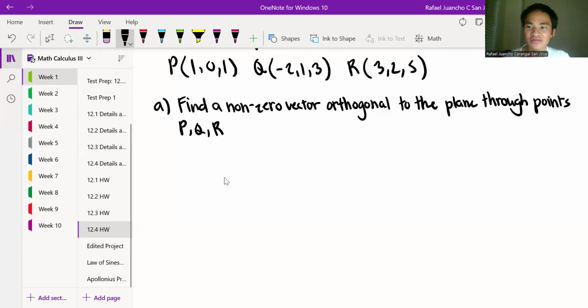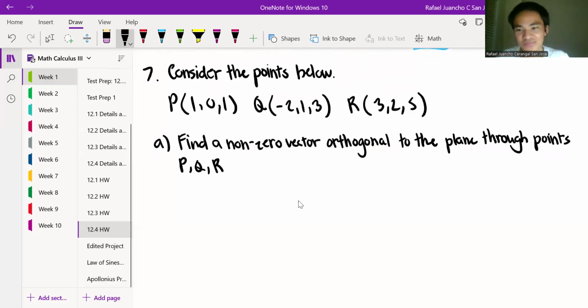And so I want to find a vector that's orthogonal to the plane, basically perpendicular to the plane. And so how do I do that? Well, I just get their vectors, right? And then I'm going to use the cross product because I want to get their perpendicular vector, right?